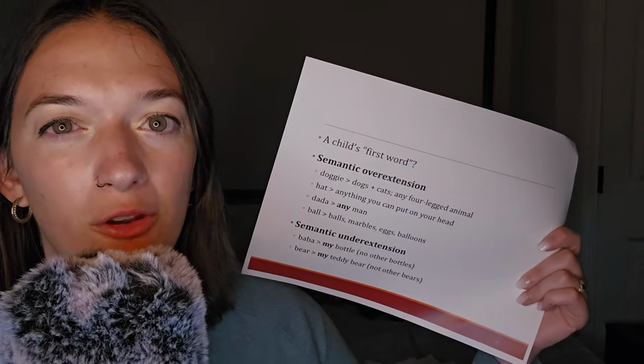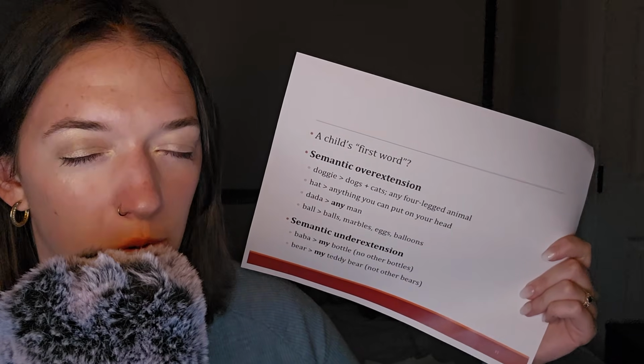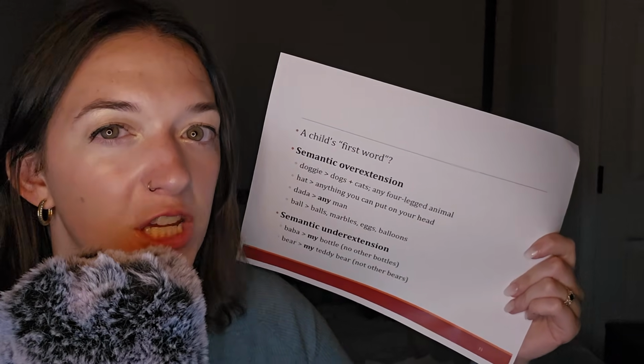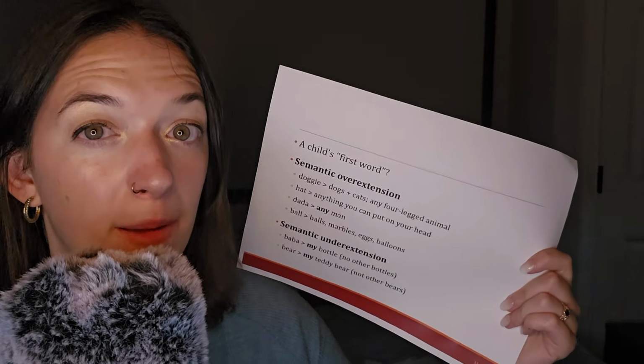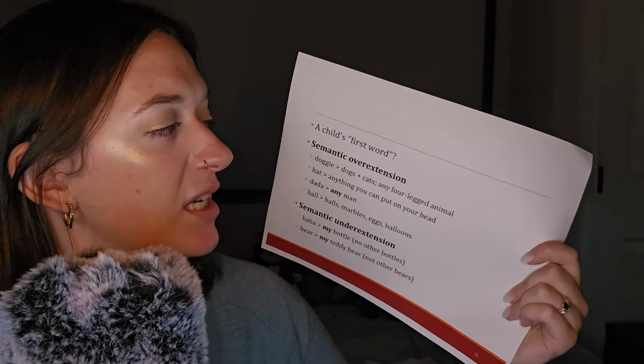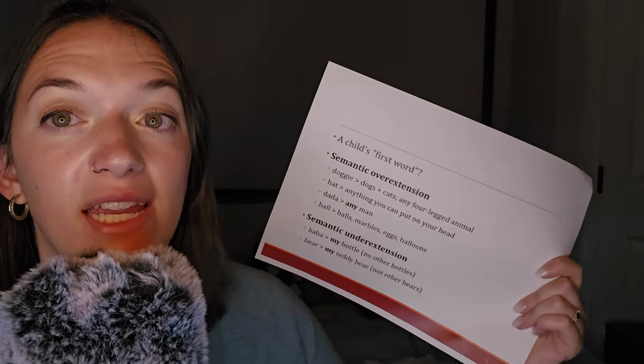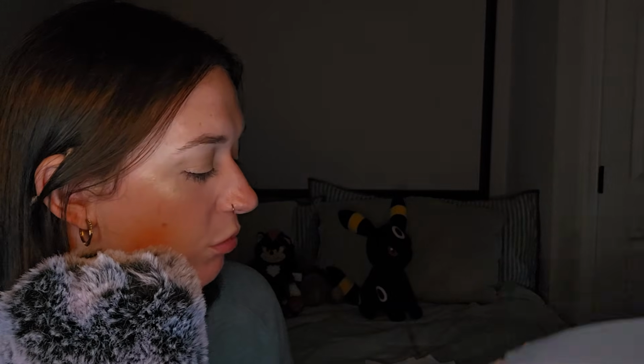So think about what your first word was. For a lot of you, it will be mama or dada or papa. That's because these are words that are very, very easy for a child to pronounce.